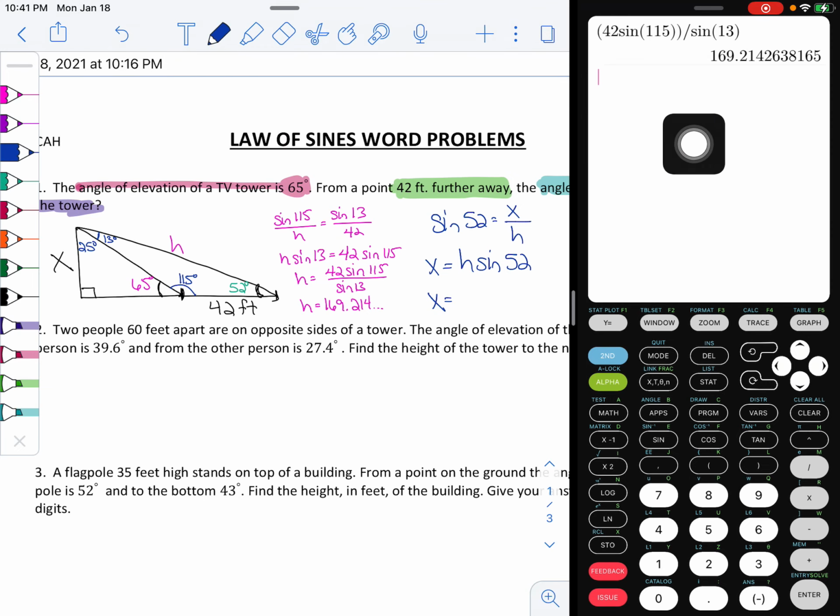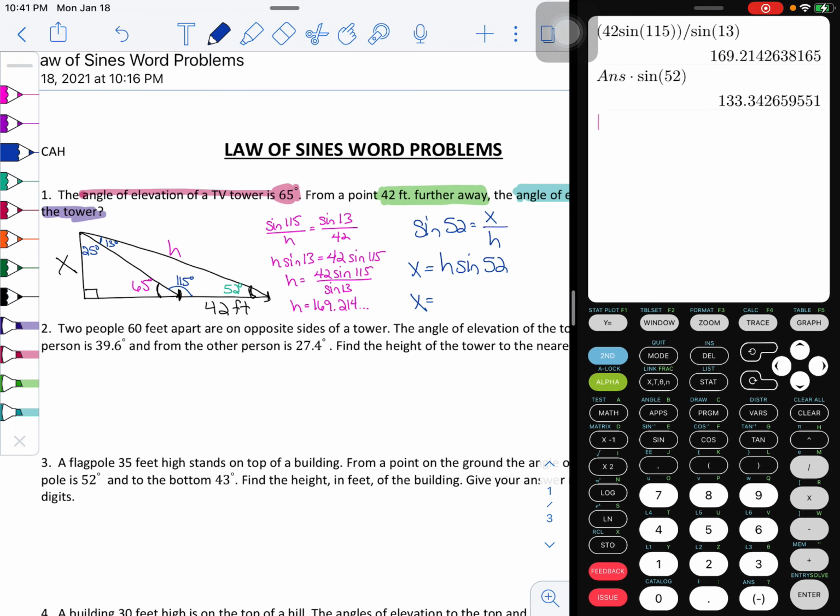times sine of 52. So in the calculator, all I'm going to do to get this answer is just hit times. If you notice, it'll just say ANS, and this actually works in all of the TIs. That's just going to take your last answer and do whatever you need to with it, in this case, times sine of 52.